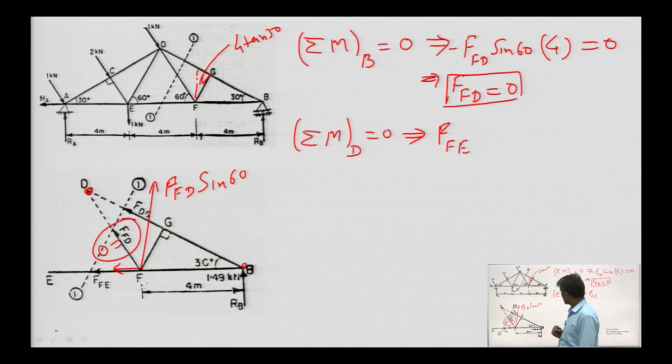But we are applying the bending moment at point D itself, so we need to find this perpendicular distance. Since this angle is 60, this angle will also be 60.